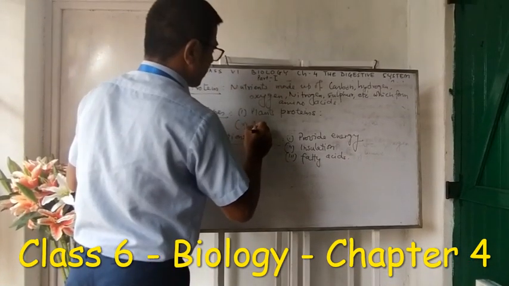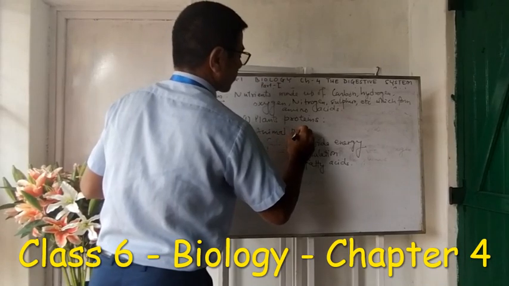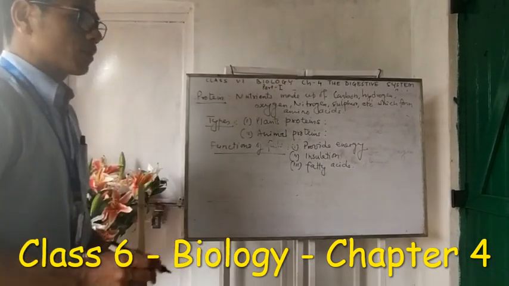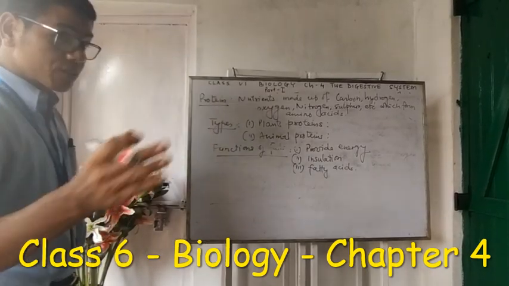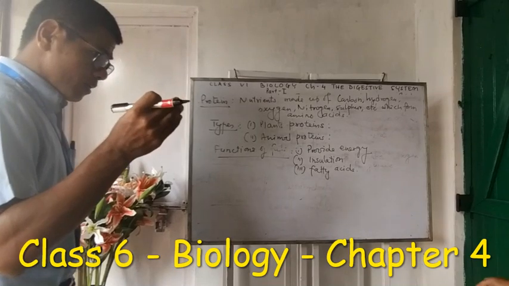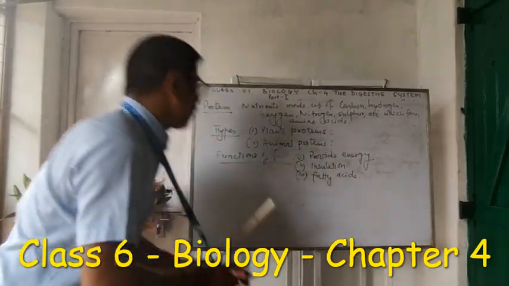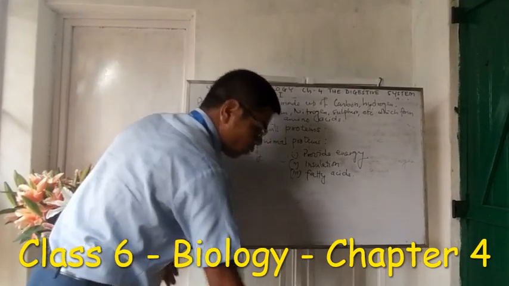Now we go to animal proteins. The name itself says animal protein means those types of protein from animals. They are very familiar and similar to our fats. So again we repeat them.